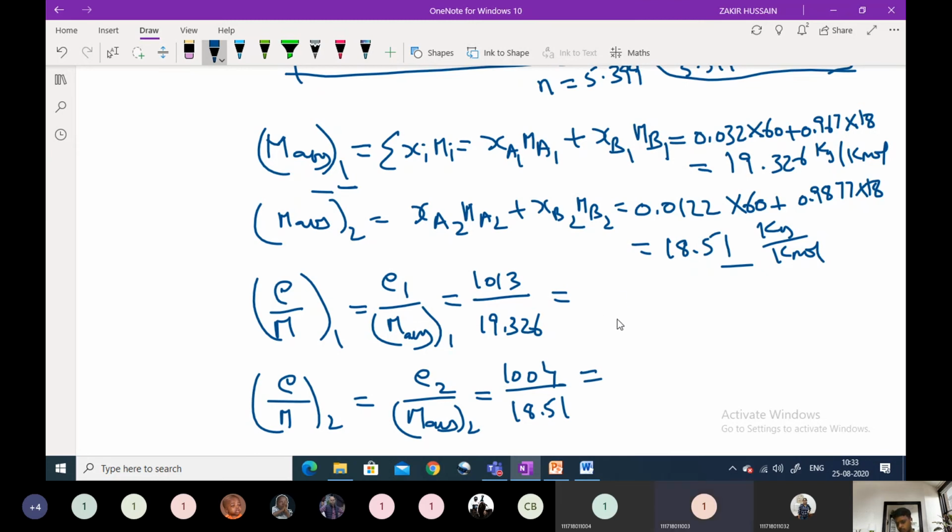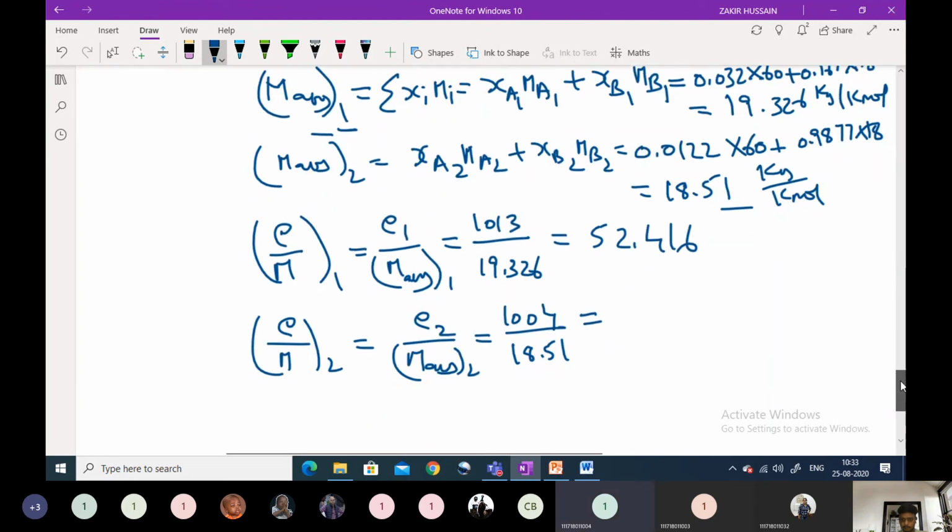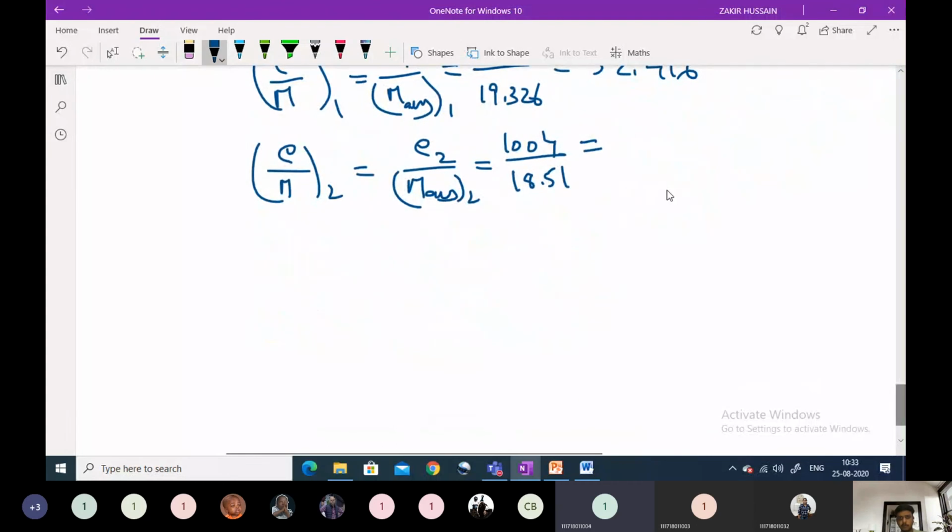So you get 52.416 at position 1 and 54.240 at position 2. The units are kilomole per meter cube for both.